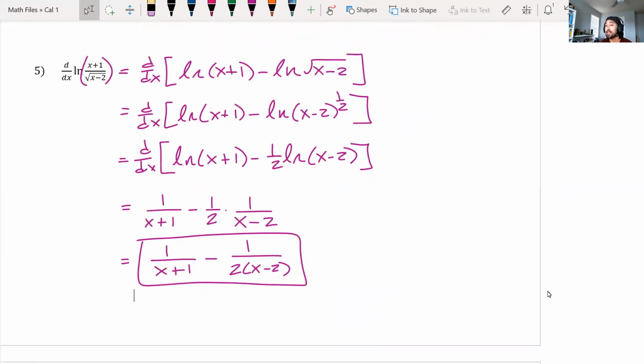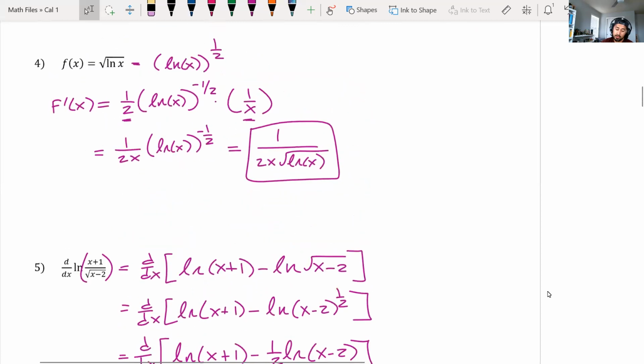So you see how logs can make your life easier. Unless you really wanted a quotient rule on that inside, did you? So why didn't we do that on number 4? Is it because it's already given like that? Because it's not the natural log of something to the 1/2.